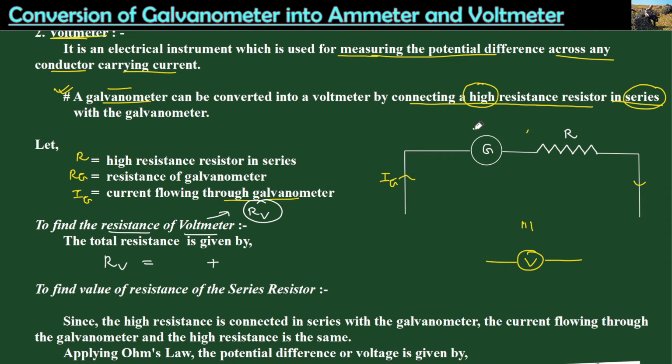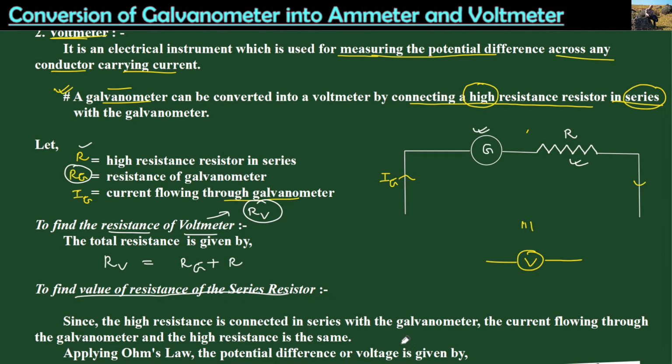Partly there will be the resistance of the galvanometer and partly the resistance of that high resistor. The resistance of G is Rg, and the resistance of this high resistor is capital R. So over here we will write Rv equals Rg plus R.